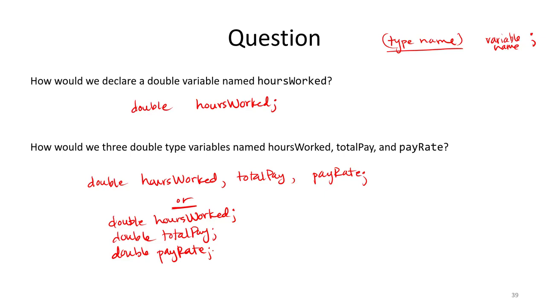So either of those would be correct. Declaring the variables on individual lines might be helpful if you wanted to initially assign a value to one of them.